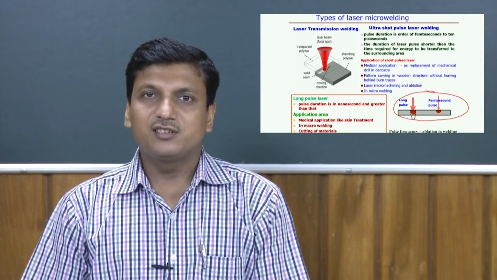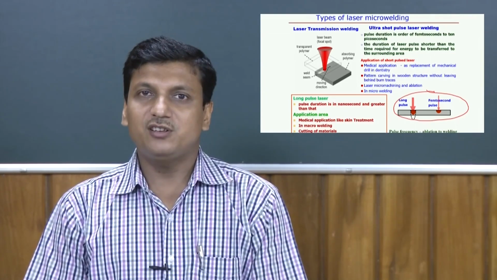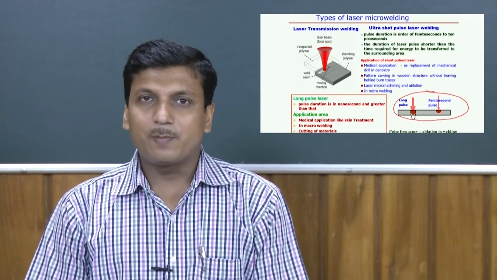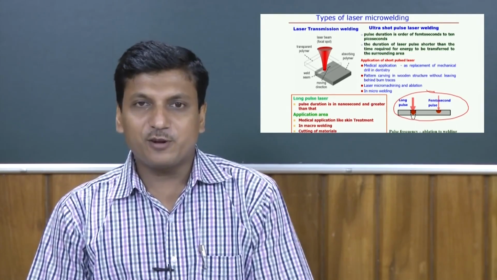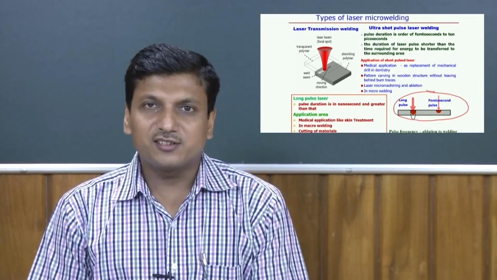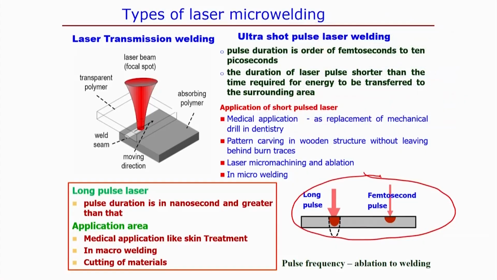So nowadays the ultra short pulse laser is more effectively used for the joining of dissimilar metallic materials apart from non-metals, because so far the ultra short pulse laser has been used for welding purposes, but more specifically for non-metallic materials, maybe in terms of laser transmission welding.